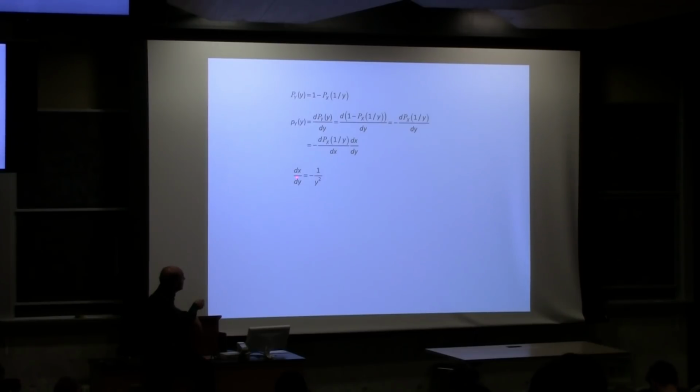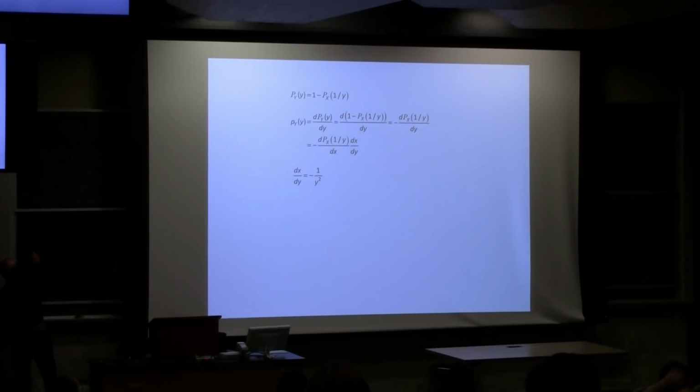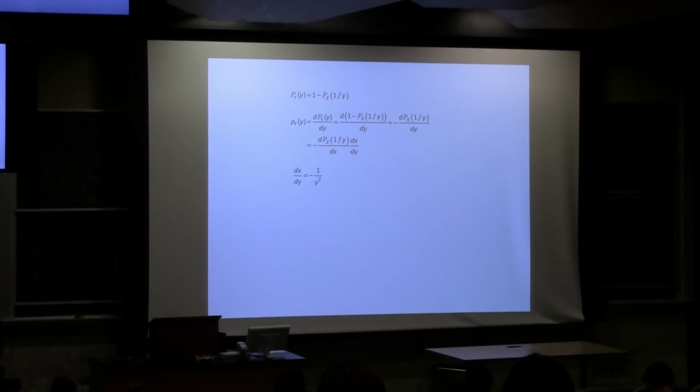And dx dy here, because y is equal to 1 over x, is minus 1 over what?